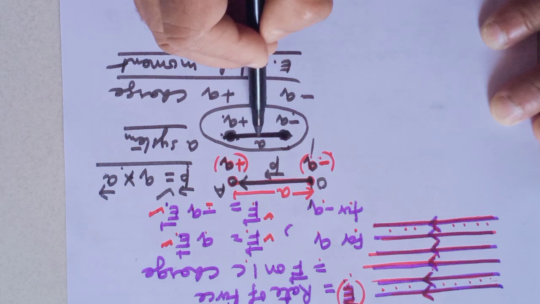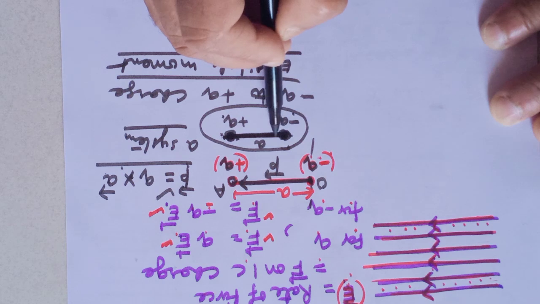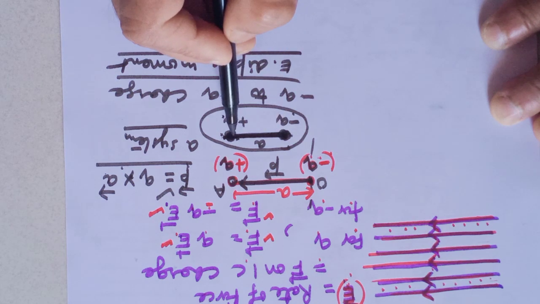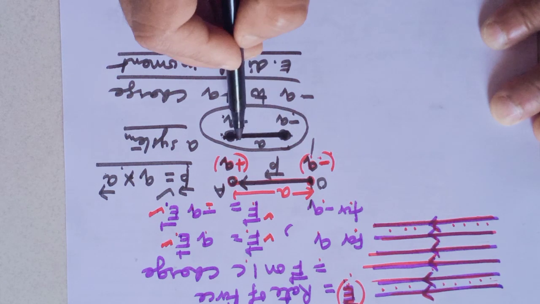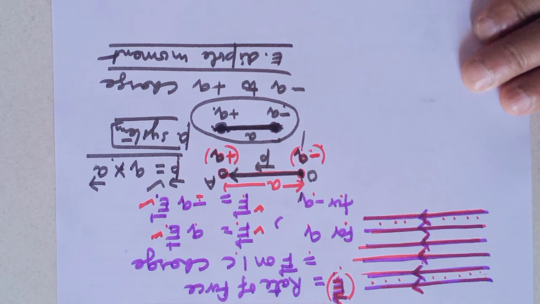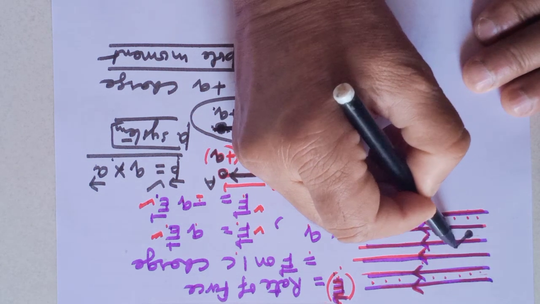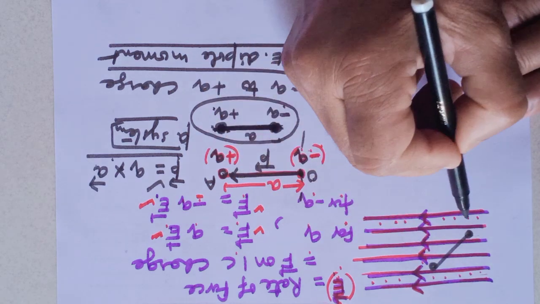They are tied by a small rod-like thing, so we cannot separate these two charges. So this is an electric dipole. Now such a dipole is kept in an electric field.